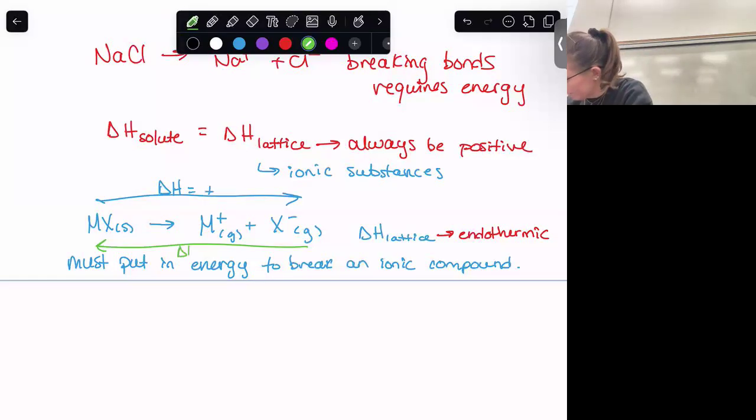So this would be delta H is negative, because you're making a bond. Making a bond is negative. If you think about it, if we're looking at MX, that is a very stable compound. They're very happy. If we look at sodium, it's now given up its electron. It's sitting stable. It has a complete octet. Chlorine is sitting stable.